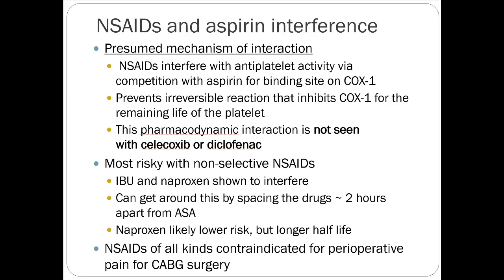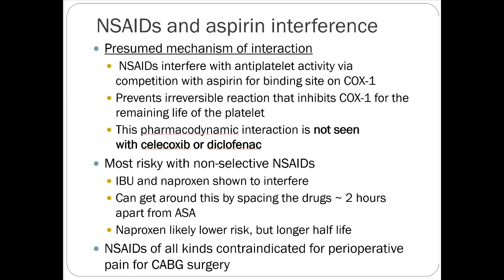Another controversy that's come up with NSAIDs is their interference with aspirin, and it's thought that NSAIDs interfere with antiplatelet activity via competition with aspirin for binding site on COX-1, and this prevents the irreversible reaction that inhibits COX-1 for the remaining life of the platelet. This isn't seen with celecoxib or diclofenac, interestingly enough, so celecoxib might be better for not having this aspirin interference.